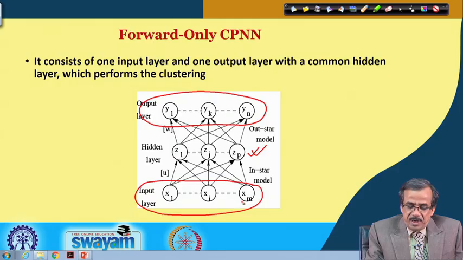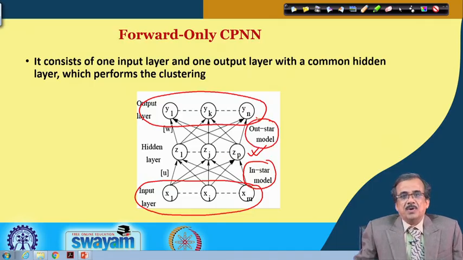In between the input layer and the hidden layer we have the instar model, and in between the hidden and the output layer we have the outstar model.